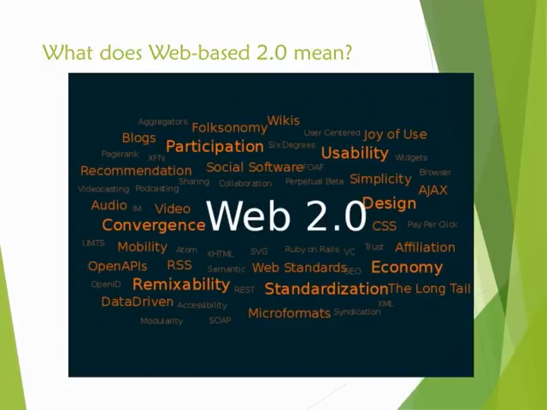So what this means is that there are websites that are able to have communities. Examples of these would be social networking sites, wikis, video sharing sites, hosted services, web applications, mashups, etc. You are not limited to passive viewing of content that was created for you.